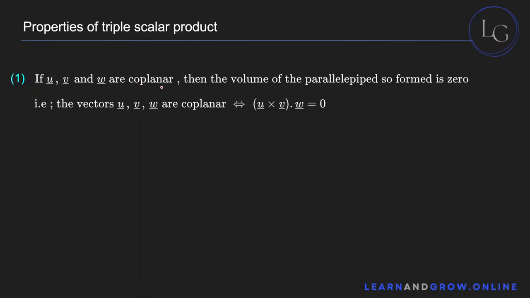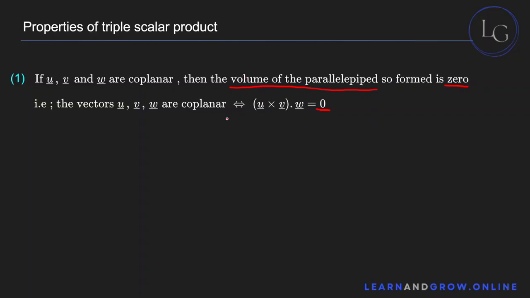If u, v, and w are coplanar, that means they lie in the same plane, then the scalar triple product of u, v, and w will be equal to 0. And that basically means that the volume of the parallelepiped that is formed by these three vectors is equal to 0.